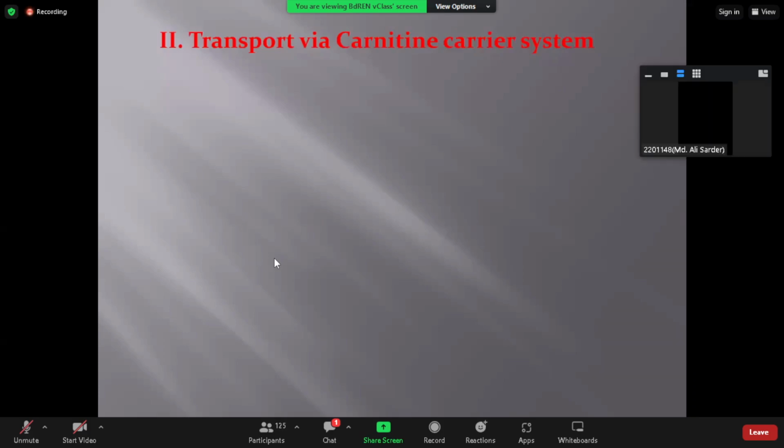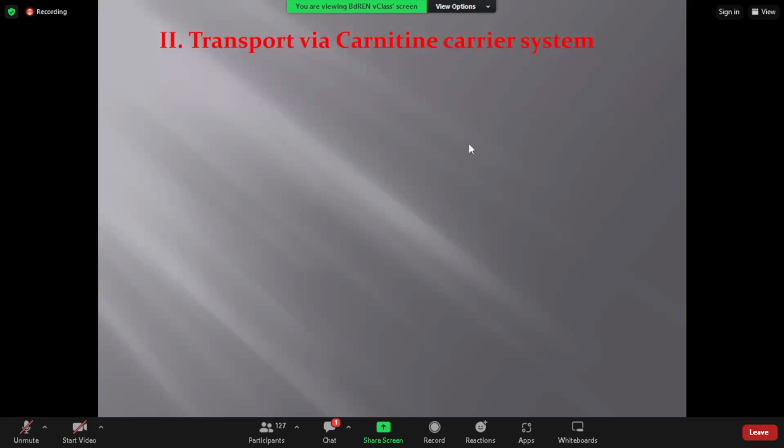Then to enter into the glycolytic pathway, the enzyme glycerol kinase was absent in the adipose tissue, so it has to enter into the liver for its further oxidation, where the glycerol kinase enzyme is present.